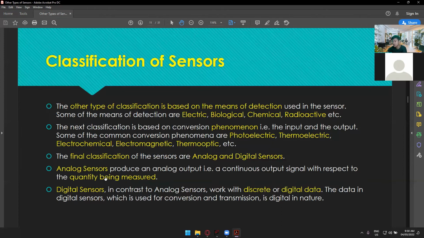On the other hand, digital sensors use discrete or digital data, so they can only read ones and zeros, binary or any kind of discrete data. Those are the classifications of sensors. Again, we will only focus on electric sensors.